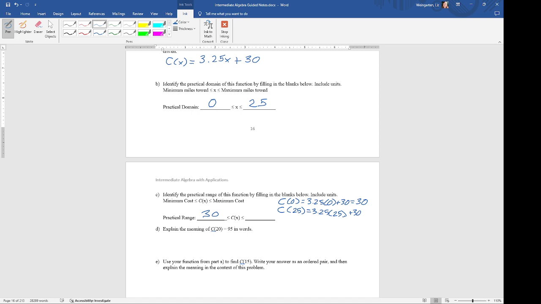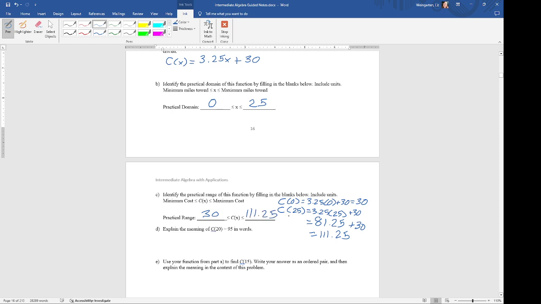We get $81.25 plus 30. We get $111.25. So our highest cost is $111.25.